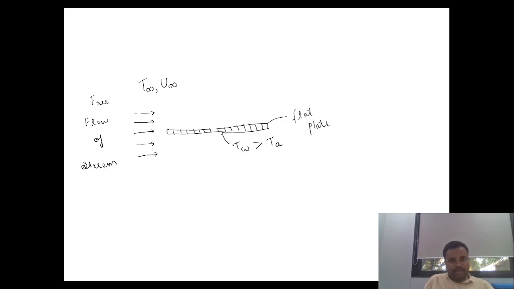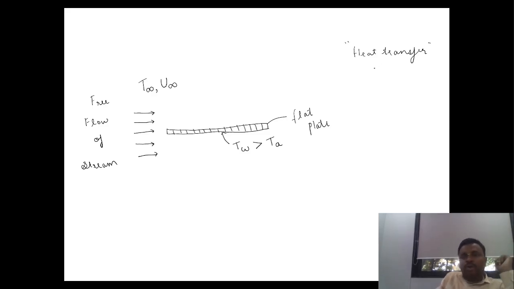The temperature of wall is TW, which is greater than ambient temperature, and the free flow of stream flowing over this flat plate is at temperature T infinity, and the velocity of fluid is U infinity. Now please understand, through this flat plate, how heat transfer will take place, that mechanism of transfer of heat we need to understand.